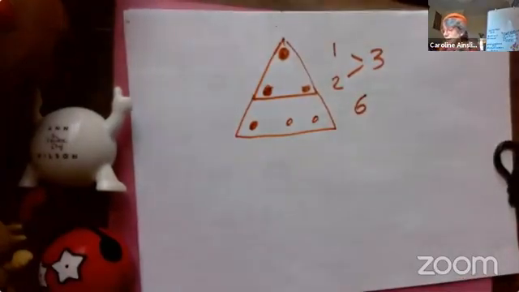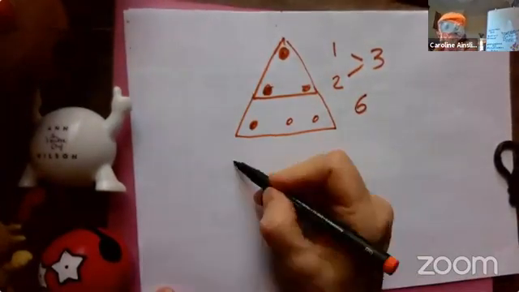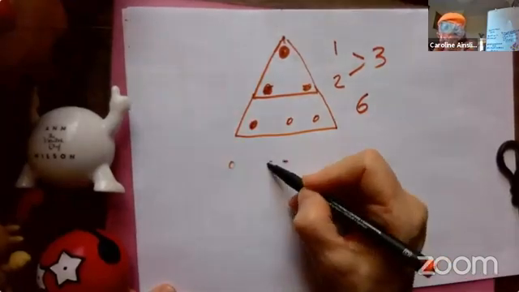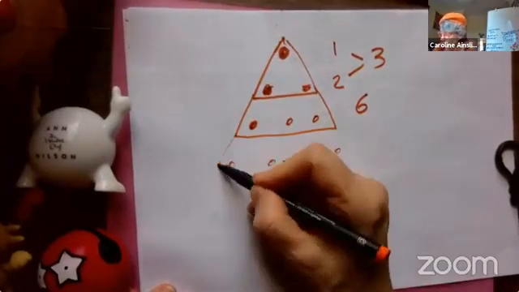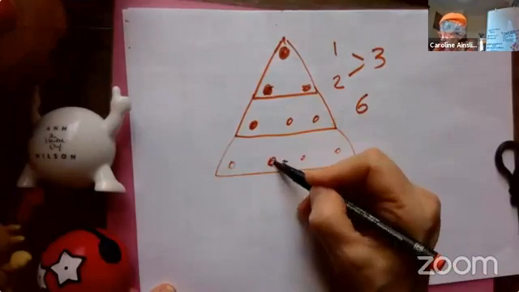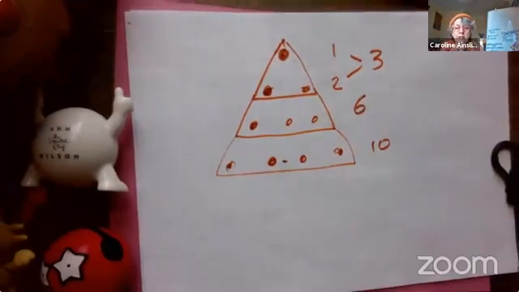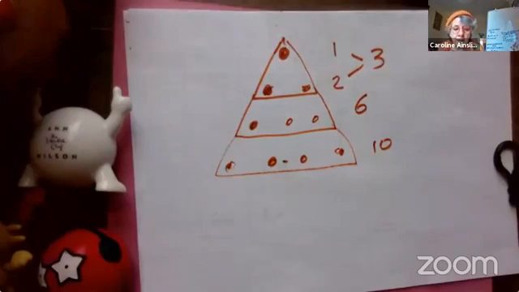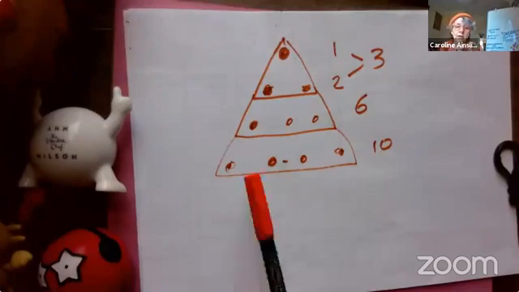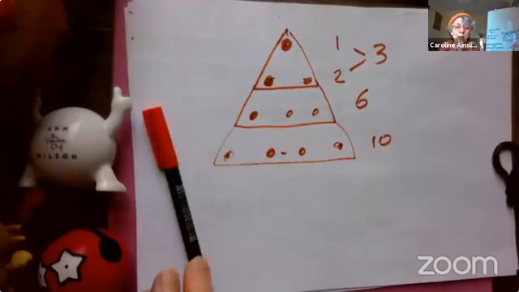And you just keep going, and you now add 4, 1, 2, 3, 4. 10 is a triangle number. So this is for the slightly older learners. You can investigate things like that and be looking for triangle numbers, triangle numbers come up a lot. So they're quite a useful thing to just be aware of.